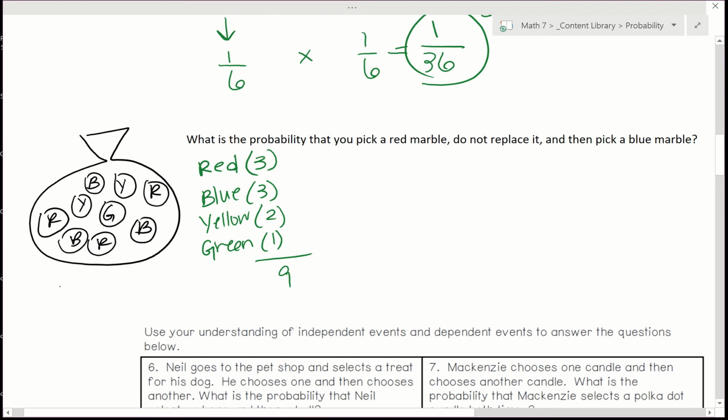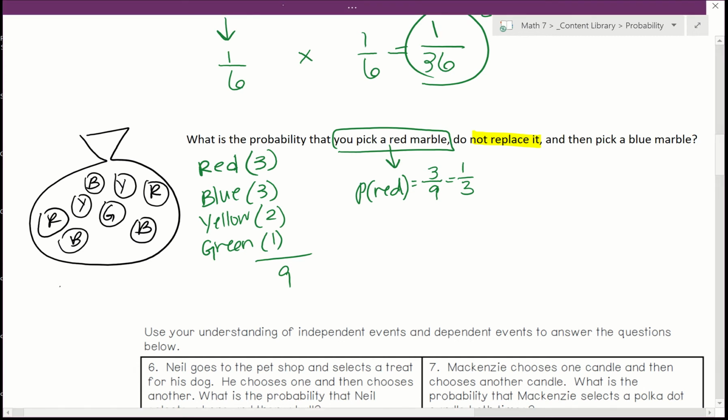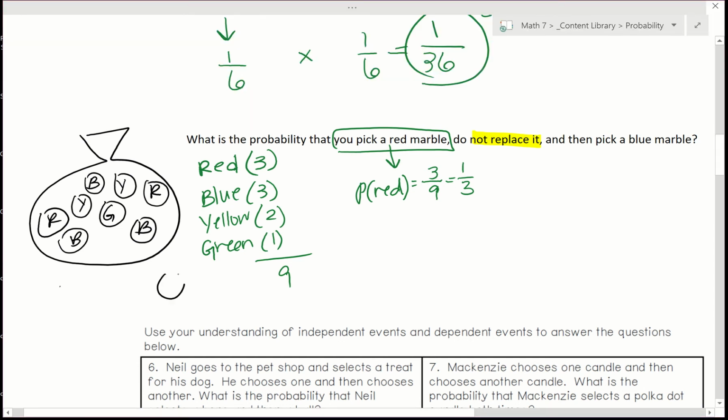So what's the probability I pick a red marble? Well, the probability of a red is 3 out of 9, which is a third. Remember, we always simplify. Now, we're not replacing it. So essentially what that means is one of these red marbles is now gone. That red marble is now over here.